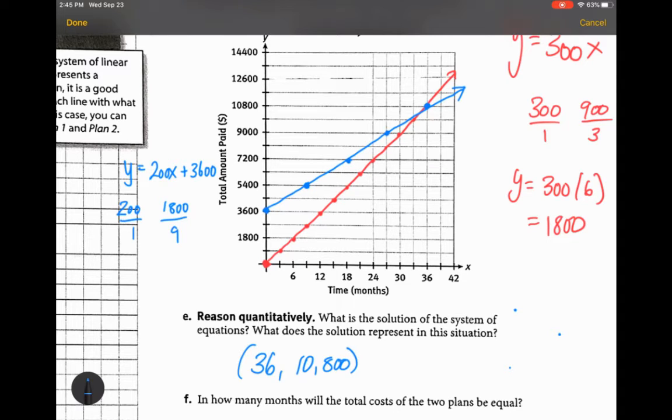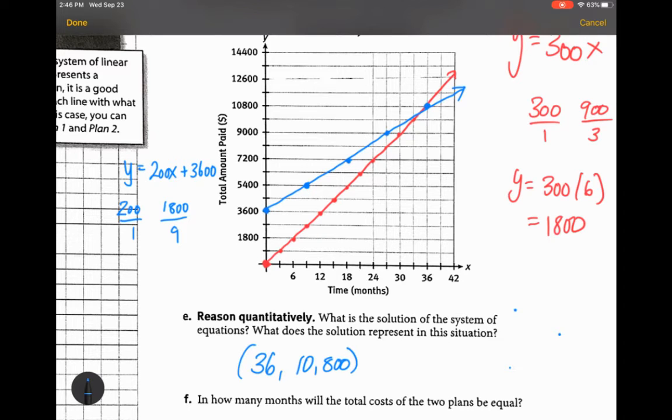The point where the two lines intersect. 36, 10,800. Okay, so it says, what does this represent? What's the 36? 36 months, 10,800, the amount of money spent over time, right?